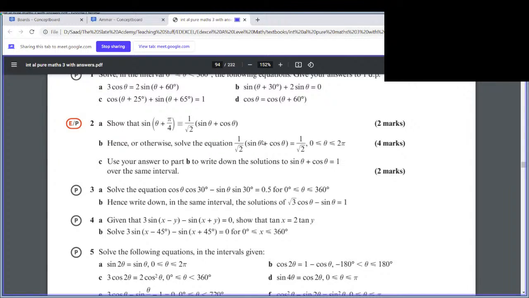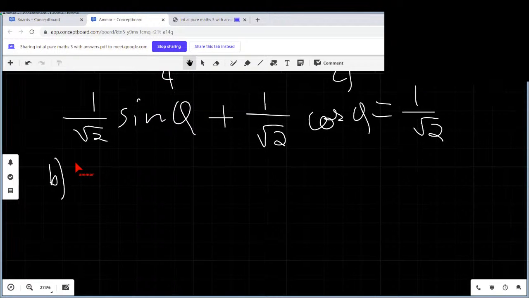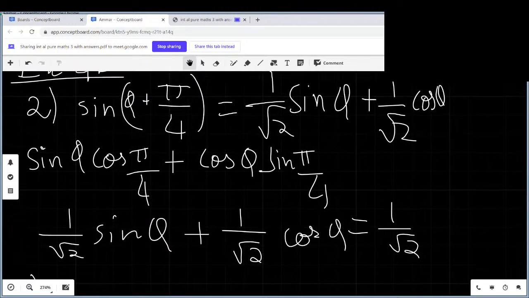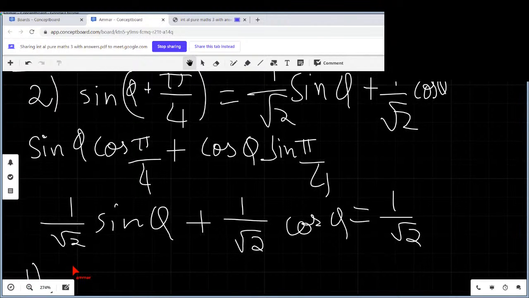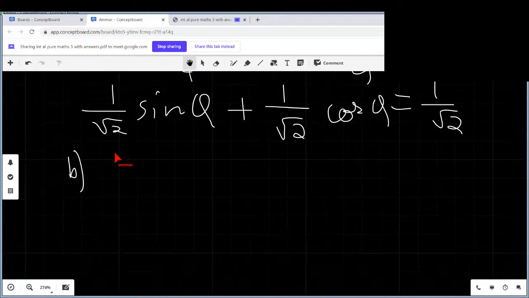1 over root 2 sine theta plus cos. In the first one, what did you prove? You proved that sine of theta plus pi by 4 is 1 over root 2 sine theta plus cos theta.